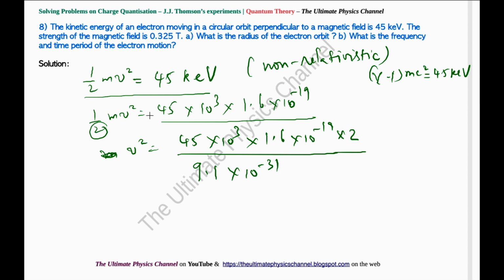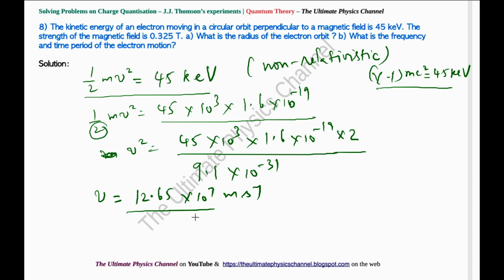Here I am just doing a non-relativistic one. If you do the relativistic one, you get a slightly different value for the velocity. If you do this one, you would finally get 12.65 times 10 power 7 meters per second.